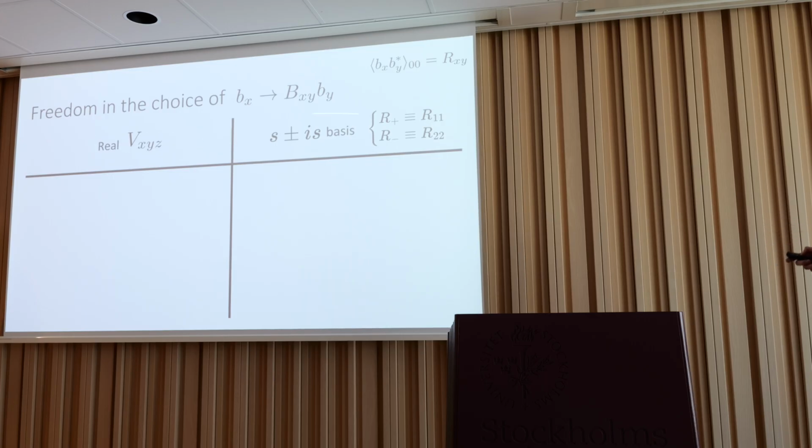In the second option, you diagonalize your bosonic fields in the S plus minus AS basis, and it means that your propagator R11 would correspond to the S plus AS state, and R22 will correspond to the S minus AS state.